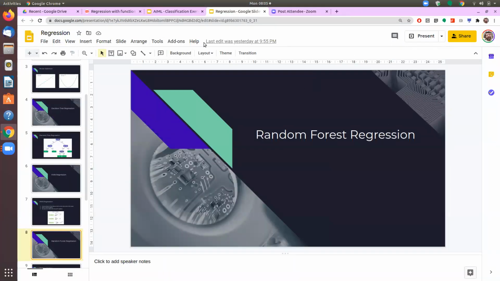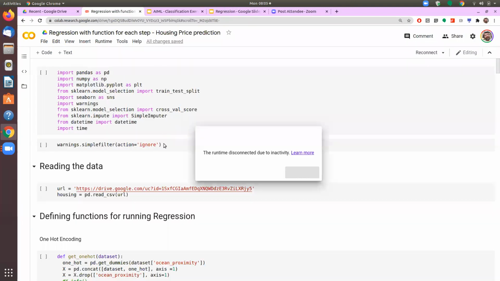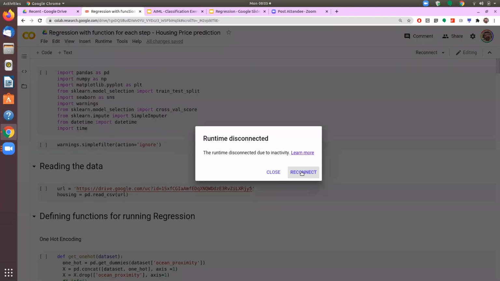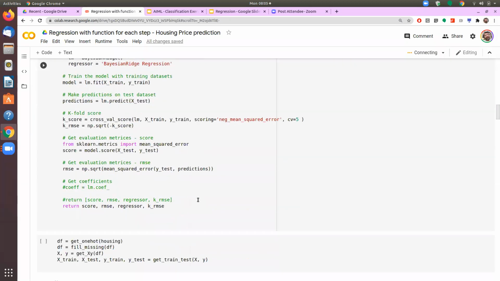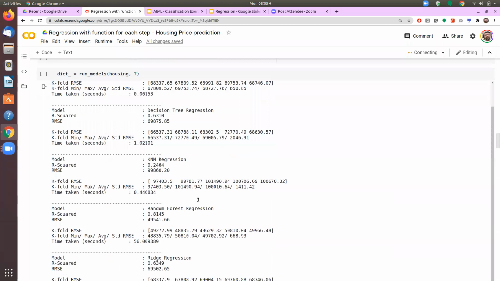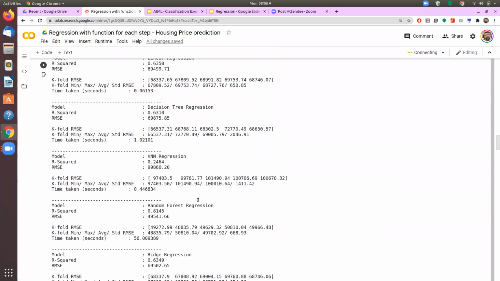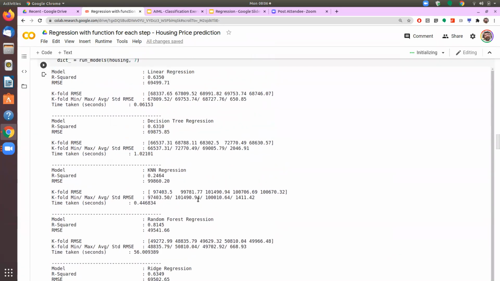If we just go back to our sheet here. So when we had run this regression, I think I should have the results here. Yeah. So if you see the different types of regression that we had run, random forest is here.